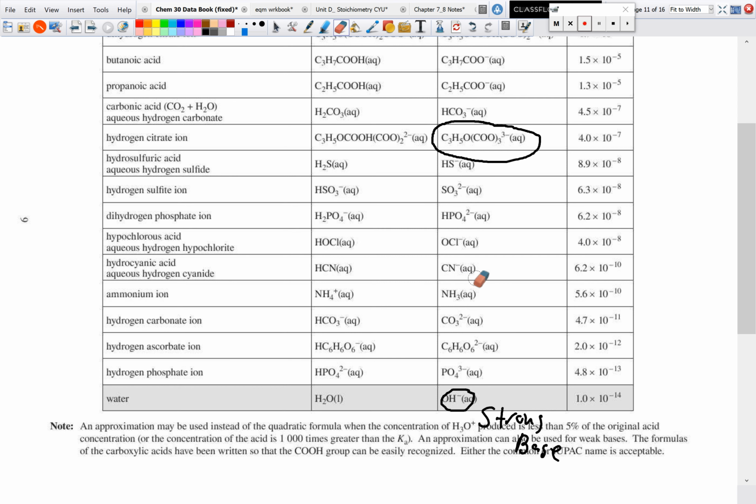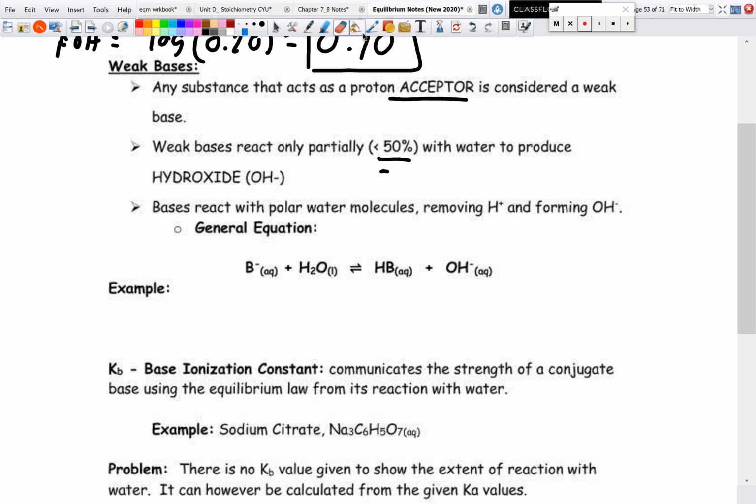All the other bases have a negative charge. Even though some of them have a 2 minus charge, we're not going to put that in the general form because we're only showing the transfer of one hydrogen, going from water to the weak base, producing our conjugate acid and our conjugate base.